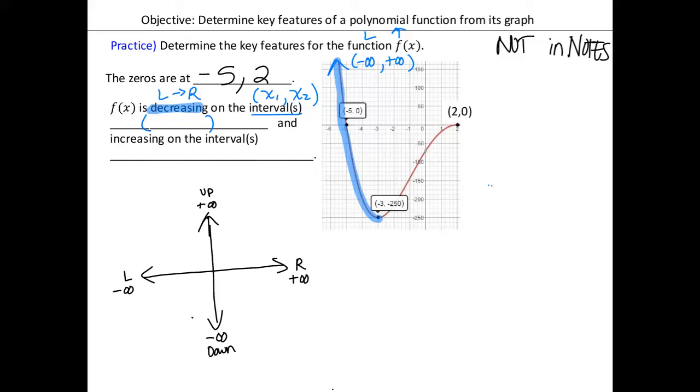So look at the x-coordinate at the start of the blue to the end of the blue. It's okay if you don't know. This is our first example you guys are trying, so it's okay. Deb, can you help him out?